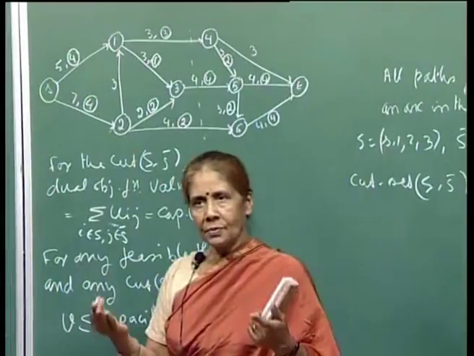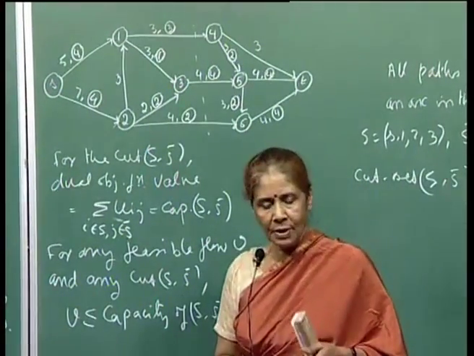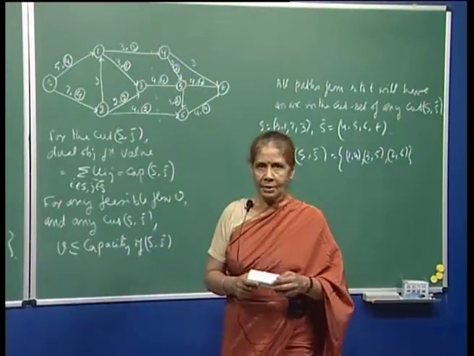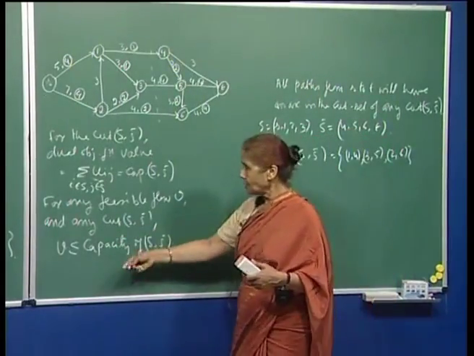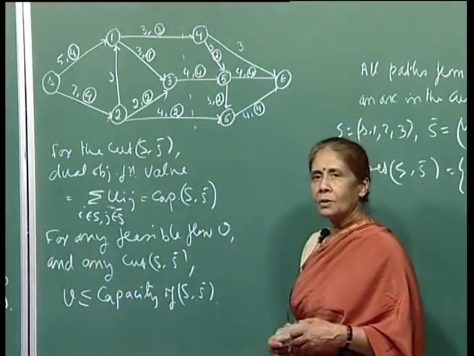So the total capacity when you add up these 3 arcs, the flow cannot exceed this. So that is one way of looking at it, but since we have studied linear programming duality theory in detail, one can also immediately use the duality theory and say that the flow will always be less than or equal to the capacity of any cut.